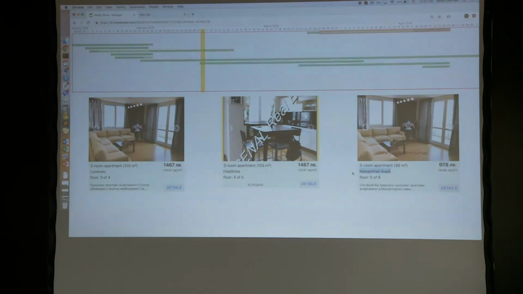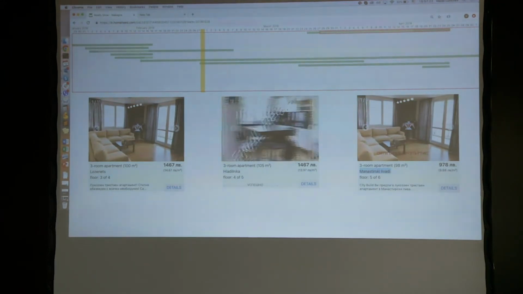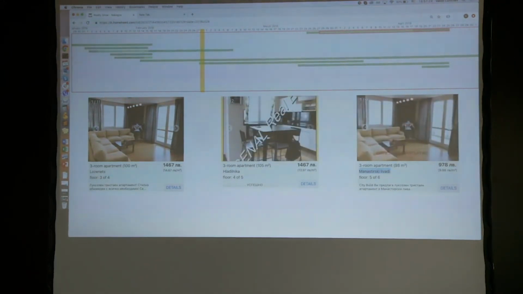And it's in a completely different neighborhood, like it just crossed half of Sofia. Now, without images, we can't find that. There is no way, based just on the textual representation, that we can tell that this listing is the same as this one without looking at the images. There is just no way. They're so much different based on this description.